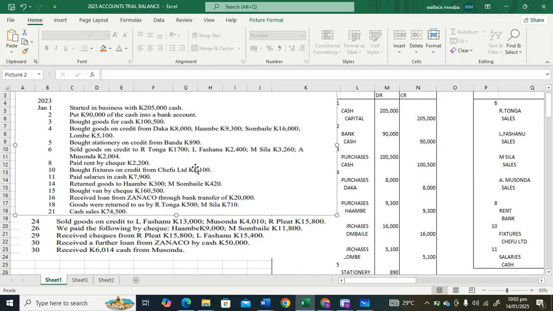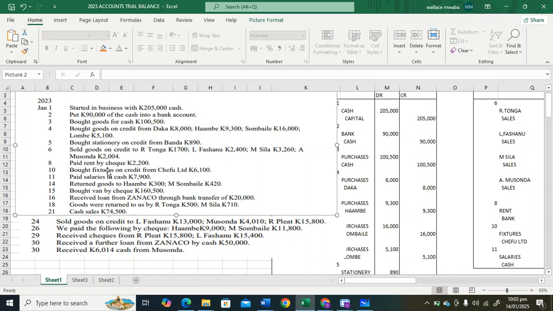We're purchasing a non-current asset here, fixtures. Now it's on credit. We're purchasing this on credit. So the two accounts involved are the fixtures account, which is an asset account, increasing an asset.